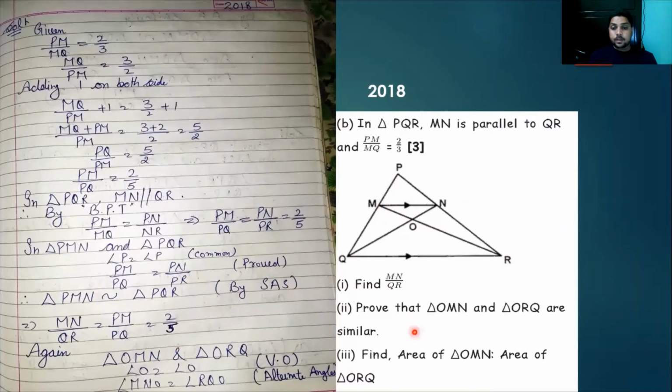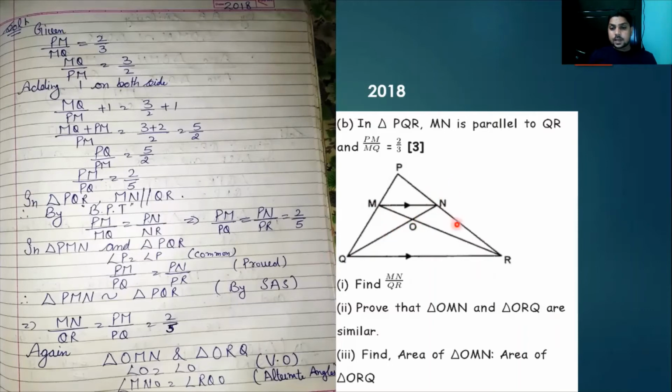Okay. Then prove that triangle OMN and triangle ORQ are similar. Again, comparing these triangles, you can directly observe from this figure: this angle O and this angle O for the smaller triangle are vertically opposite angles.